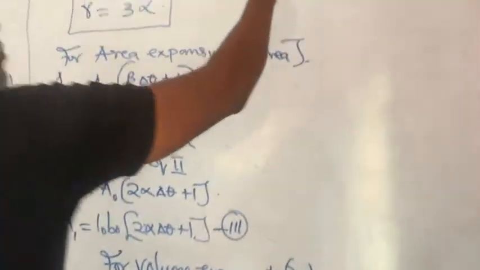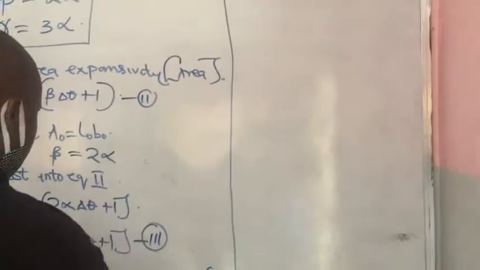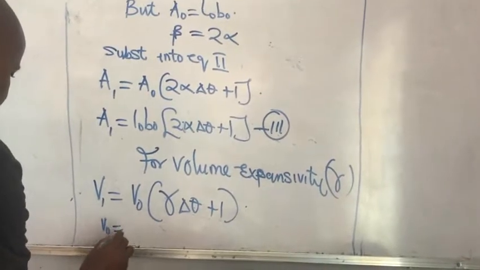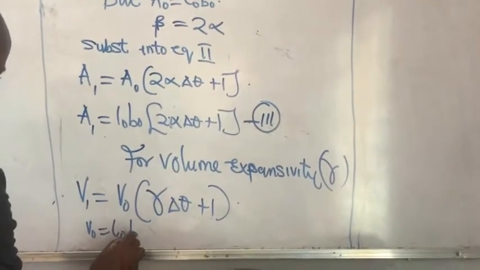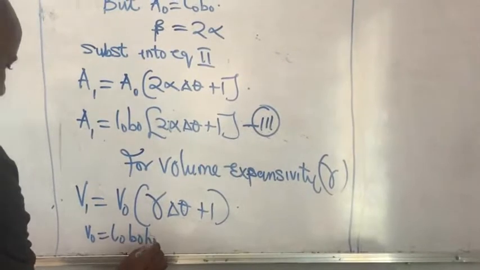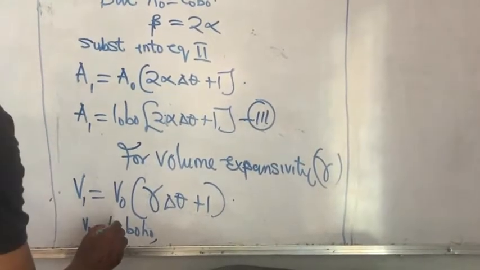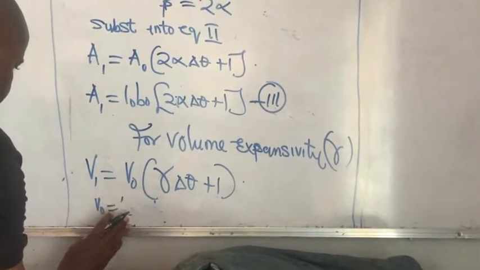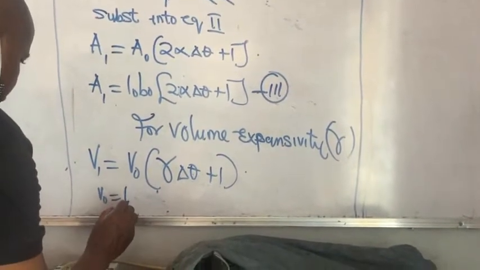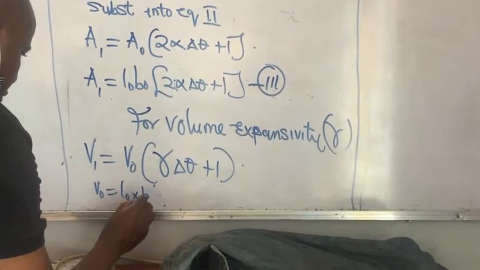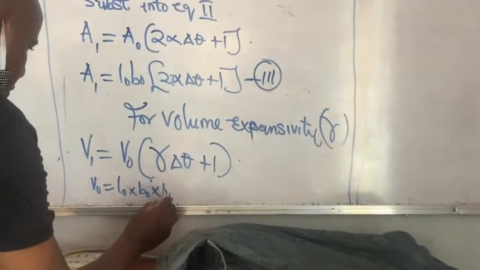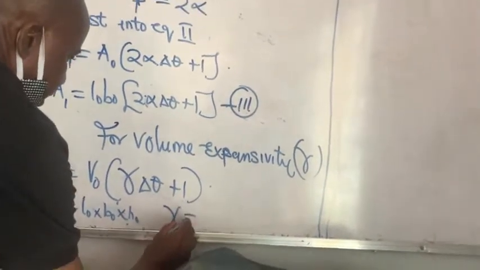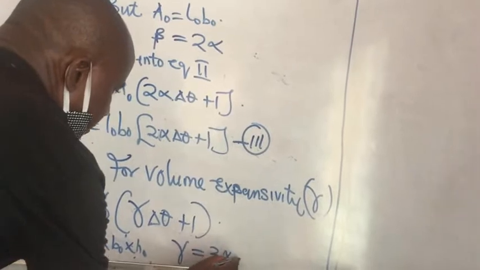Know it quite well that V0 is L0 B0 H0, times. So V0 means L0 times B0 times H0. Whereas gamma is equal to 3 alpha.